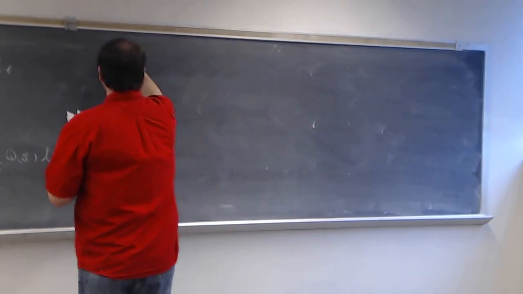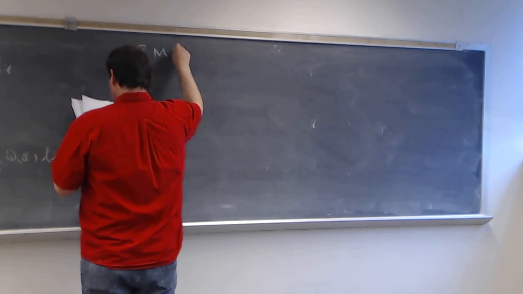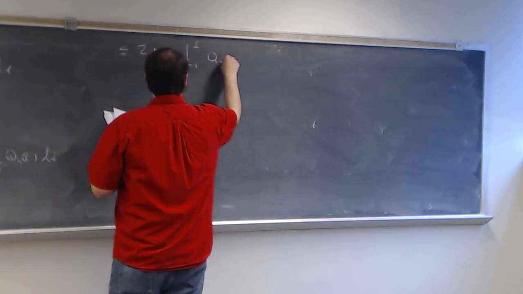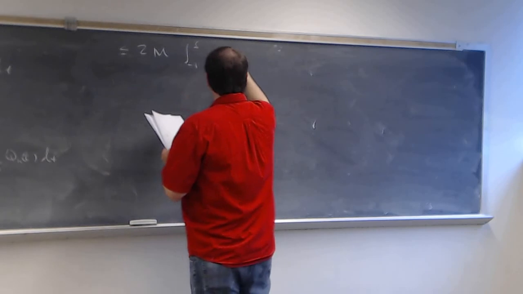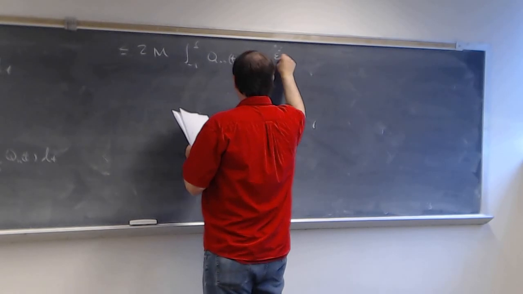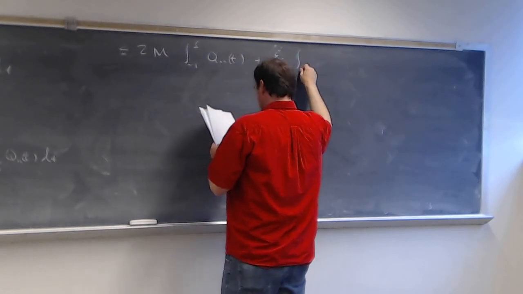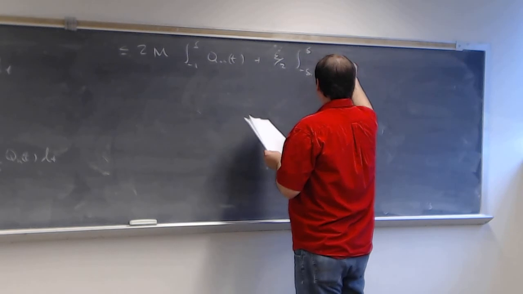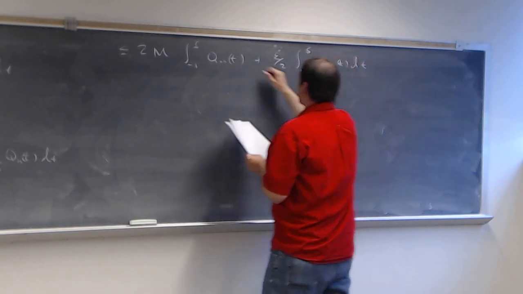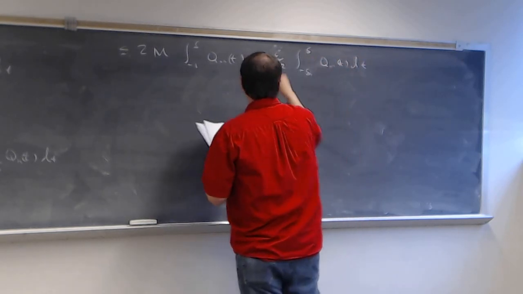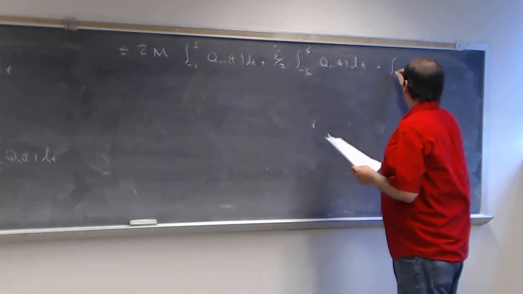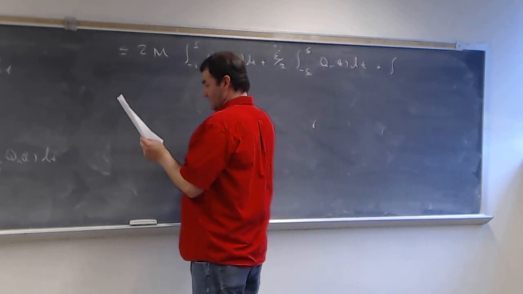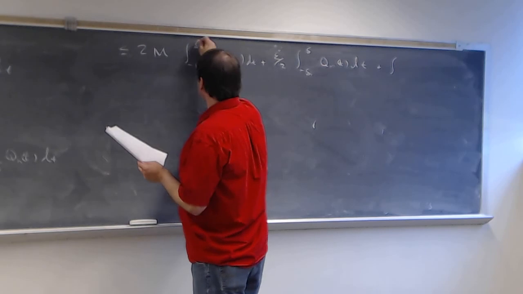So that's less than or equal to 2m times the integral from minus 1 to minus delta of q sub n of t, plus epsilon over 2 times the integral from minus delta to delta of q sub n of t dt, plus an integral from, this is minus 1, I've made a mistake every time, I made it here, to minus delta.